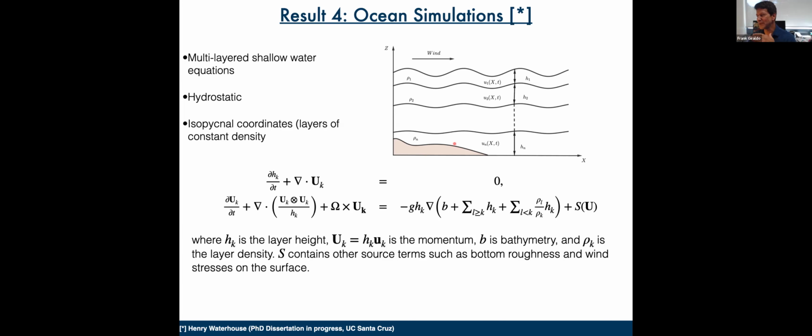It's almost like it's the bathymetry that you're feeling. As opposed to this one here, where these are densities. So this is really feeling the weight. This one here would be like, I'm in this layer here, and I'm feeling the weight of all the layers that are stacked above me. So there are two forces at play, right? I call this the bathymetry effect and the weight. And so that's what the equations look like.